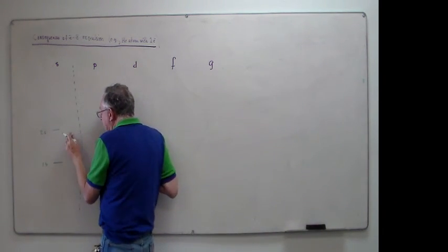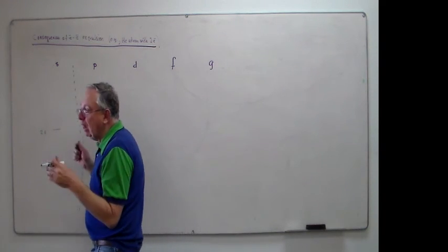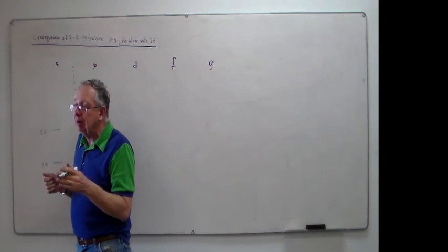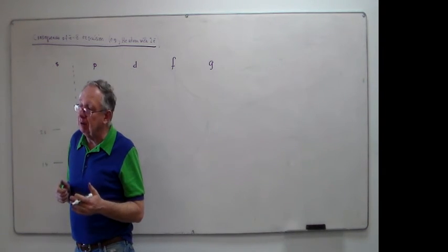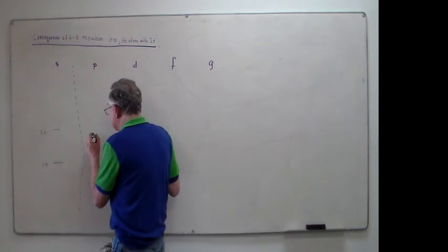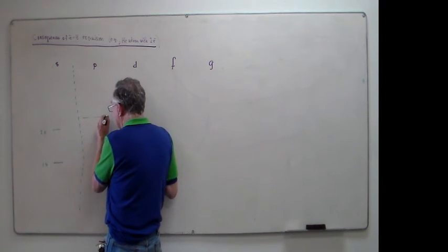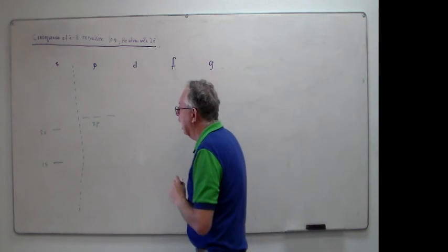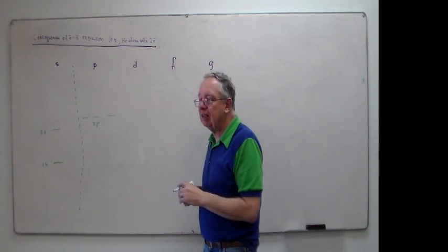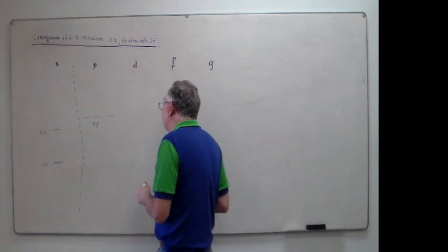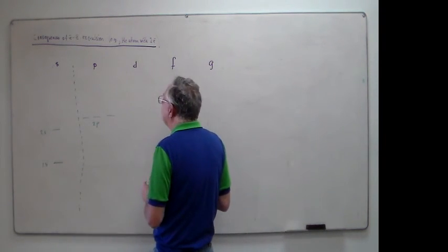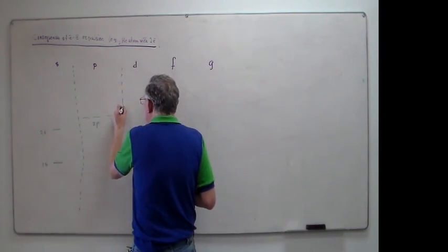For atomic hydrogen, all you care about is the principal quantum number, because the energy doesn't depend on the L quantum number. In multi-electron atoms, you have this. The sp degeneracy that you found in atomic hydrogen is lifted when you go to helium.